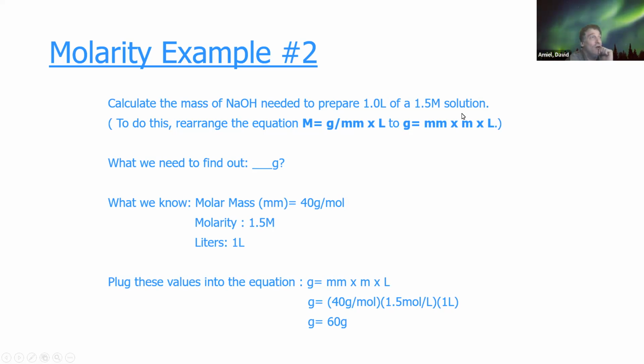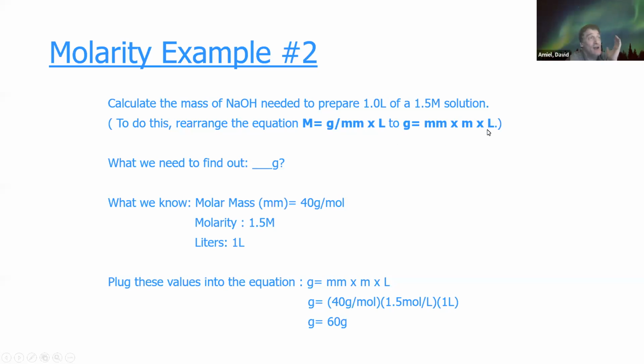And you know all three of these things, or you can figure it out because you know the chemical formula, so you can figure out the molar mass. And that number goes right in there. That's the molar mass times M. M is the molarity. That should be a capital M, folks. I apologize. Times the volume.